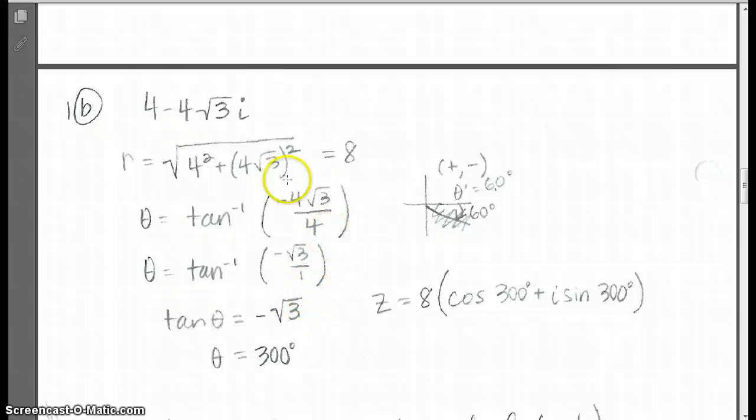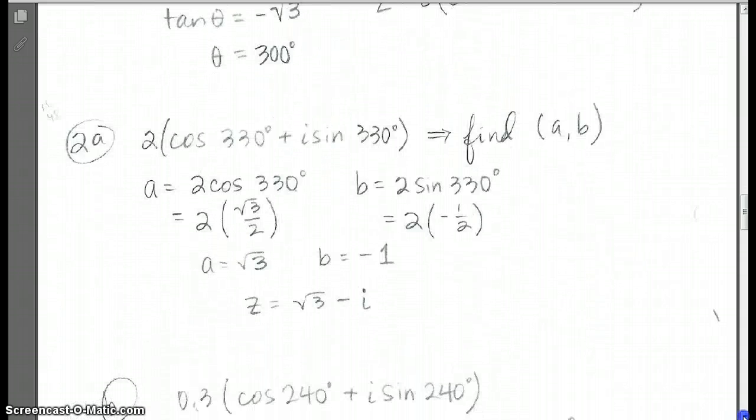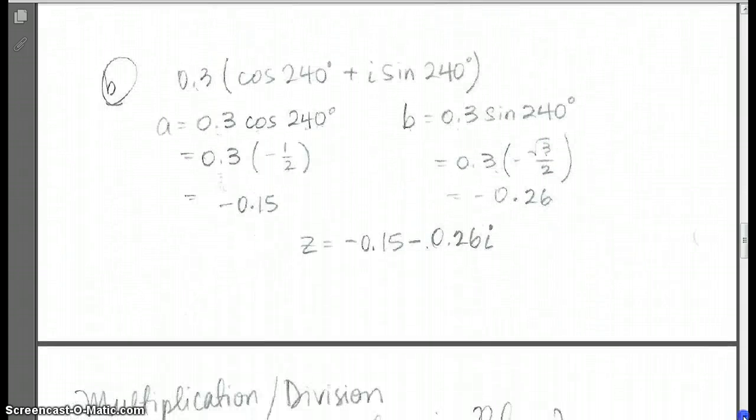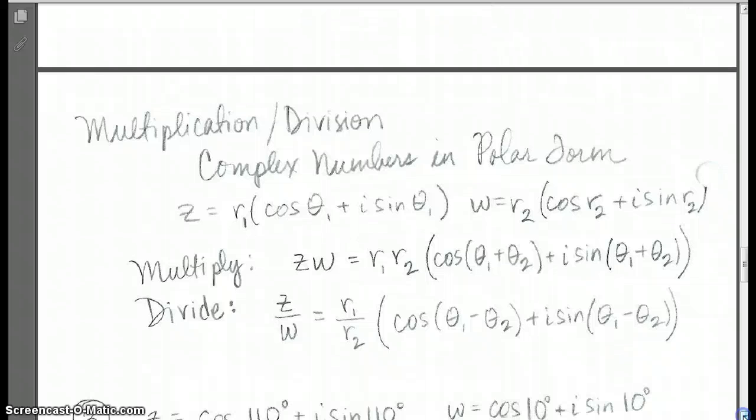I want to recognize that b is negative and a is positive, and I know that that's in quadrant 4. So when I do the theta value, we look for that reference angle of 60 degrees. That's going to put us into quadrant 4. So once I get r and theta, then I can plug them into this form. And those are just some more examples.